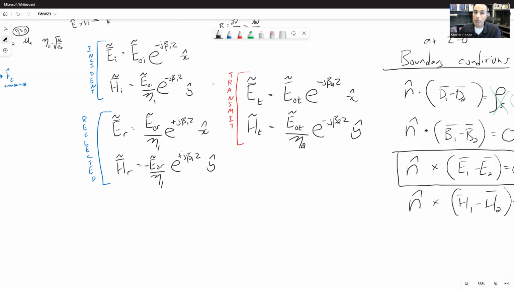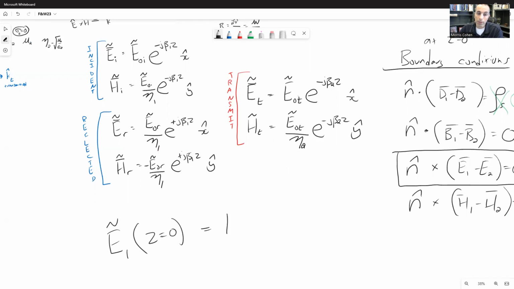So if we set z equal to 0, all the complex exponentials fade away, in which case E1 evaluated at z equals 0 is going to be the sum of the incident with the reflected wave.